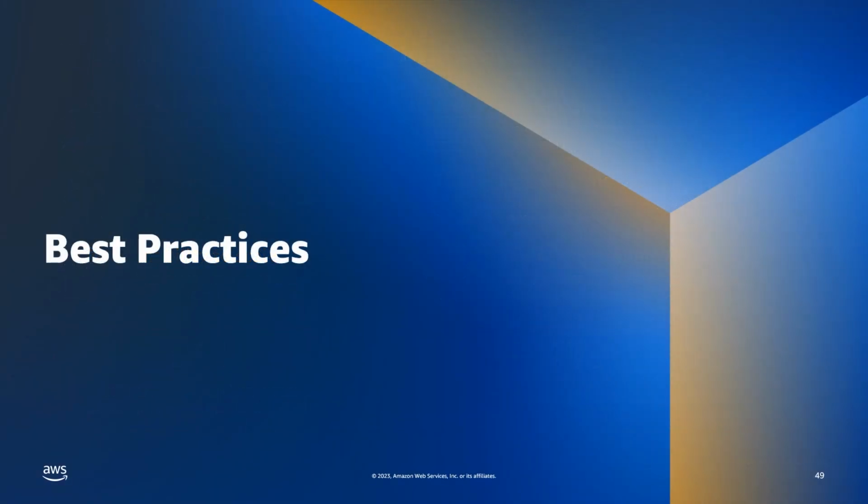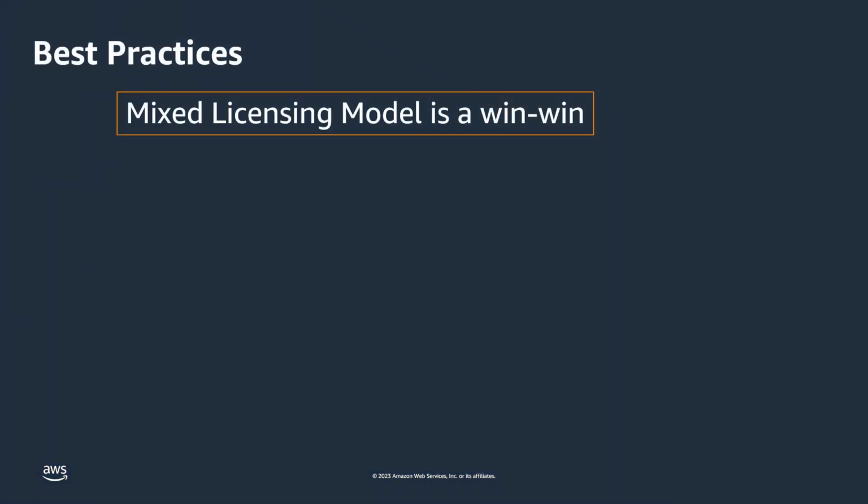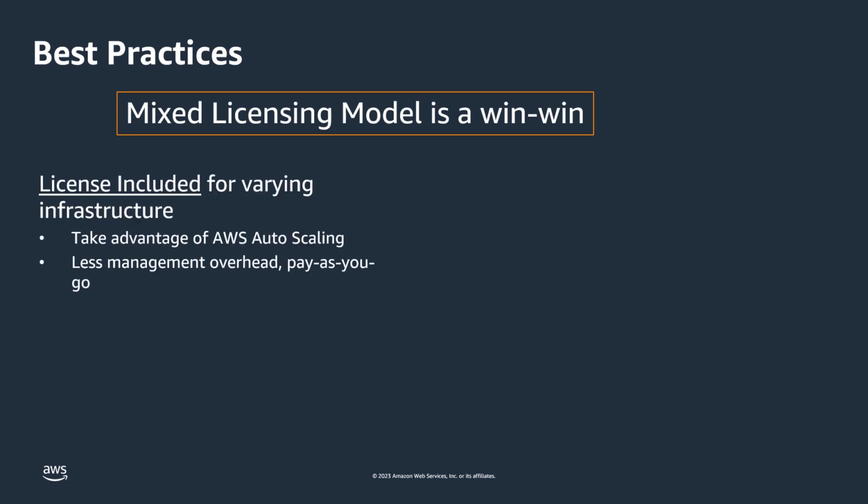Let's move on to best practices. We've talked about a lot of licensing options today, and it can be hard for customers to make a decision. There's license included, there's BYOL, there's shared environments, there's dedicated environments. The good news is that we can help customers make these decisions, and often a mixed licensing model is a win-win for customers. License included is ideal for varying infrastructure, where customers can take advantage of auto-scaling and pay as they go.